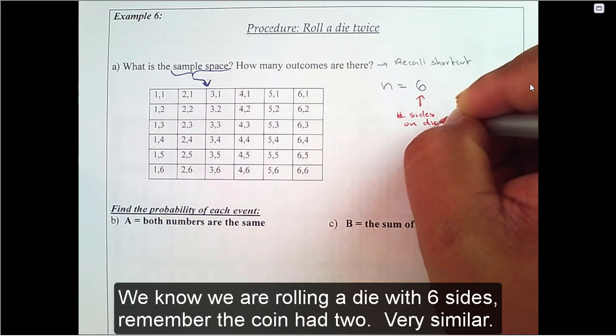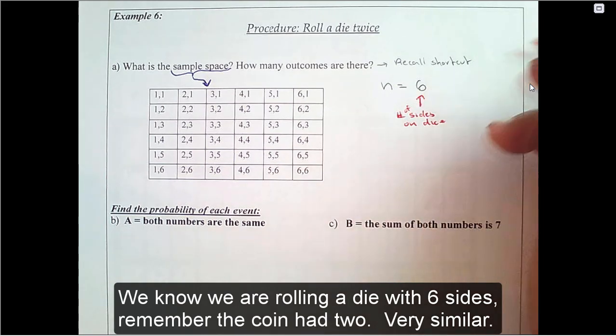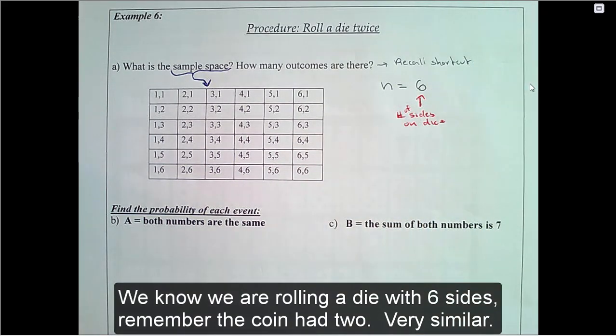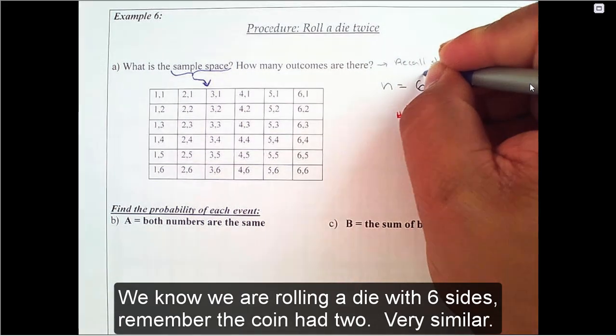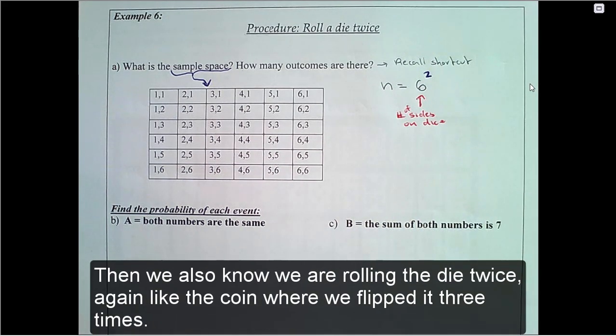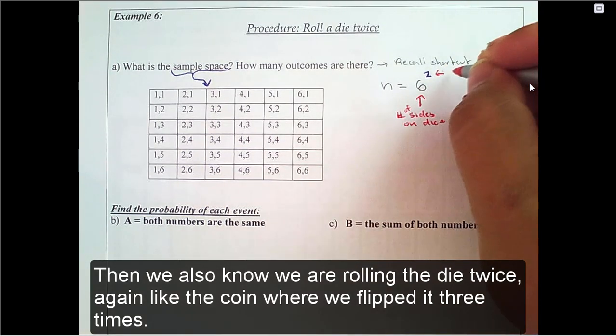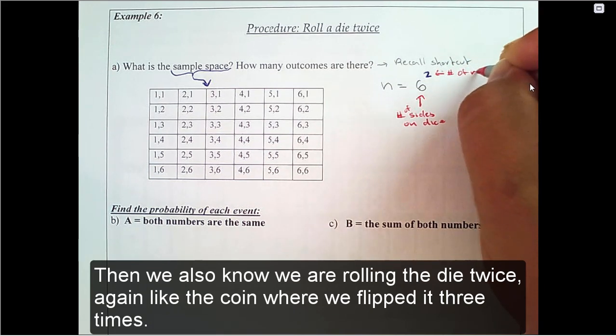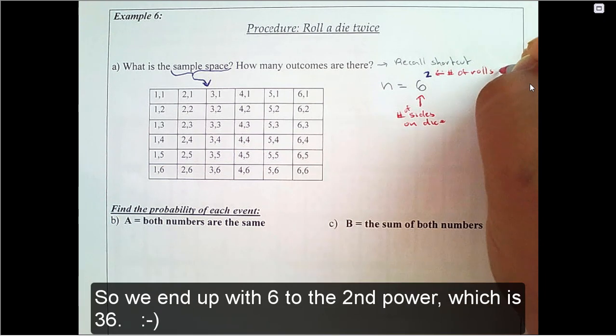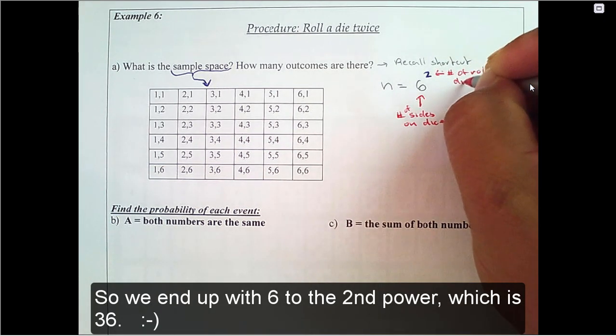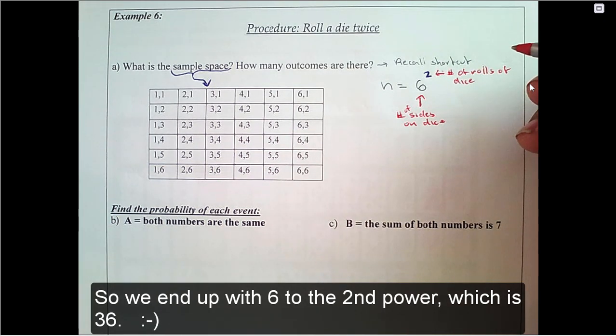We know we are rolling a die with 6 sides. Remember the coin had 2. Very similar. Then we also know we are rolling the die twice. Again, like the coin where we flipped it 3 times. So we end up with 6 to the second power, which is 36.